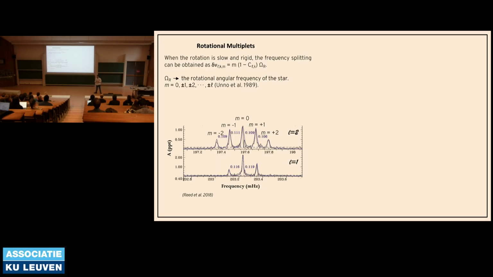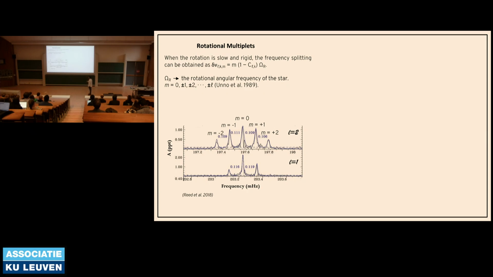So from the asteroseismological point of view, space mission datasets, especially from Kepler, were extremely useful to identify the pulsational modes. One of the methods is rotational multiplets. Non-radial oscillations, as you know, are characterized by three numbers, n, l, and m. These azimuthal orders are equally spaced in the frequency domain, and this is proportional to the rotation period of the star, right?